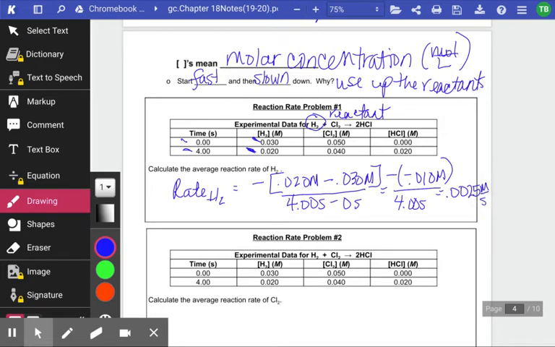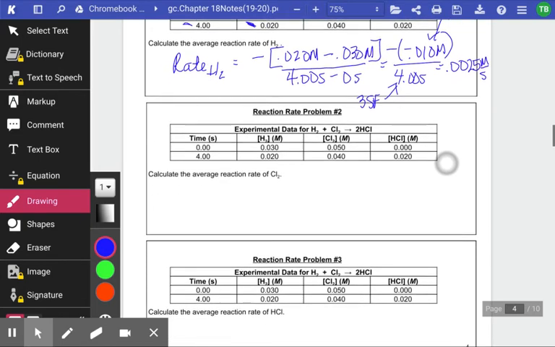Your unit there is molarity per second. You have 2 sig figs in your answer because this number up top has 2 sig figs and the bottom number has 3 sig figs. So the fewest number of sig figs in that answer is 2, 0.0025 molar per second. And the negative times a negative gives you a positive rate.